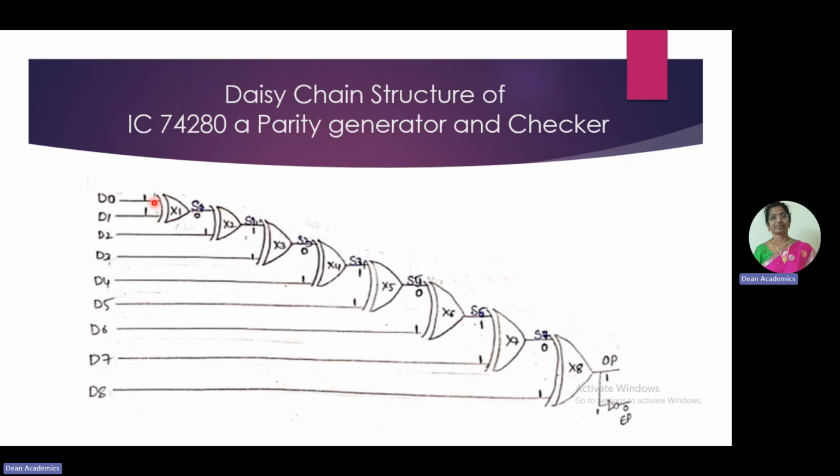Daisy chain means the output of the first exclusive OR gate is given as input to the next gate, and like that, in this manner, right?